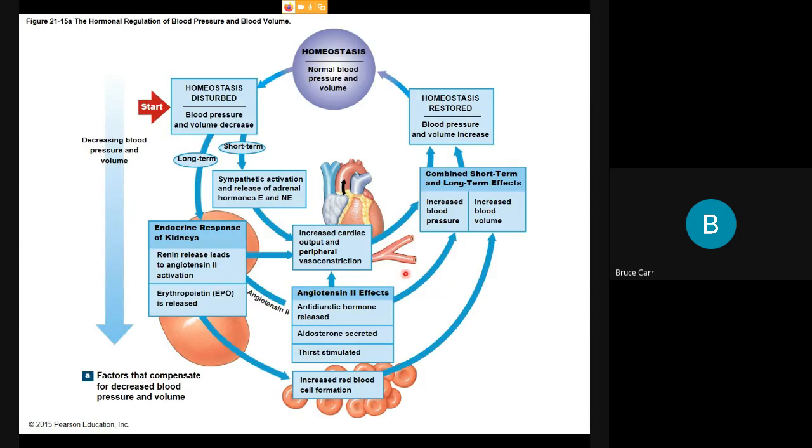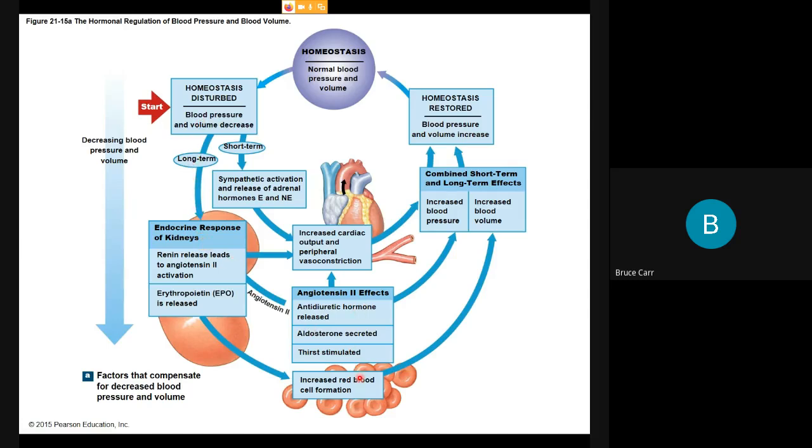When we look at blood pressure and volume decreasing, hormonal regulation can act long-term, as we just summarized earlier. Renin, and the cascade is renin, angiotensinogen, angiotensin 1, angiotensin 2, and aldosterone. ADH is also released. Erythropoietin is also released under this kind of stimulation.